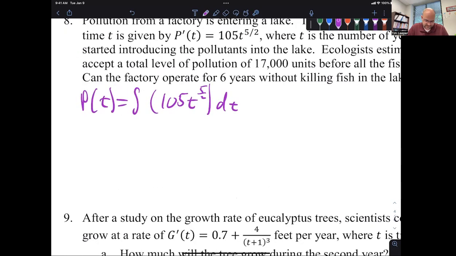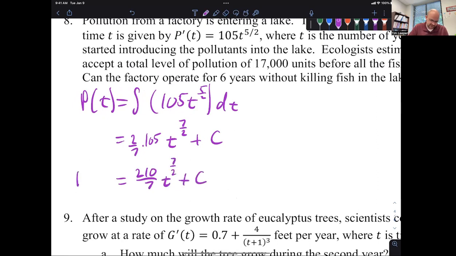So this gives me 105, well, t to the what power? 5/2 plus 1, add 1, gives us 7/2. Then take that 105 and multiply by the reciprocal, which is 2/7, plus some constant. So it gives me 210/7 t to the 7/2 power plus c, and that's p of t.